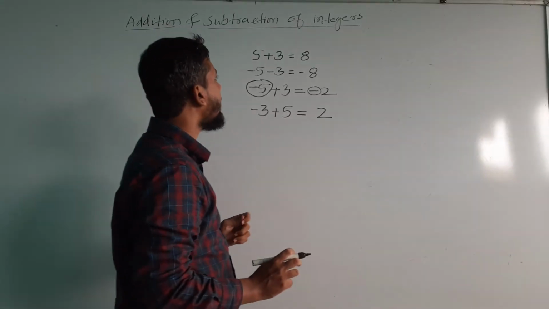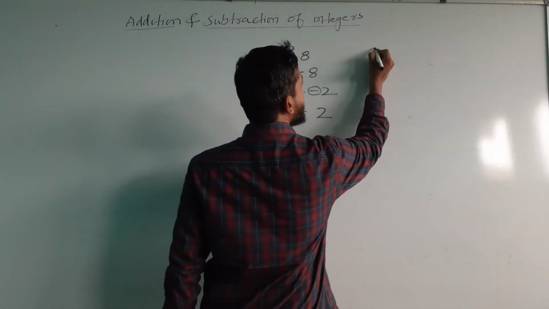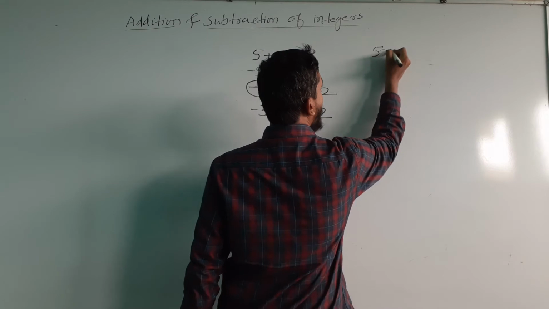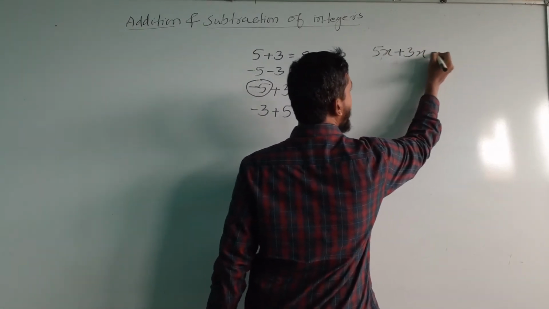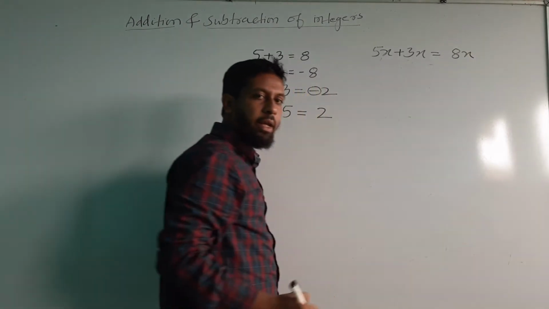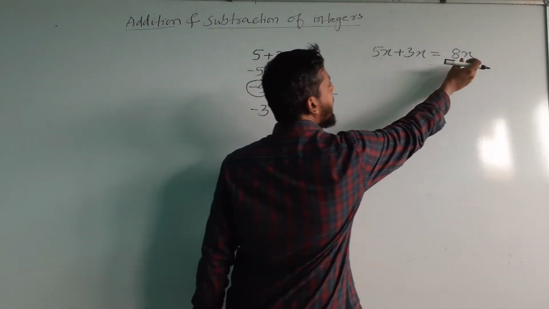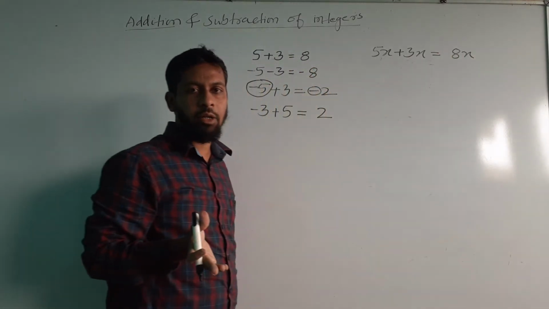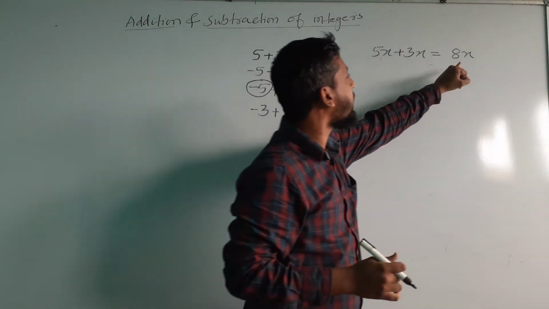Next thing we will see the variables. Now, suppose question is 5x plus 3x, result will be 8x. When you add the variables, result will be in the form of variable only. Some students by mistake write only 8.